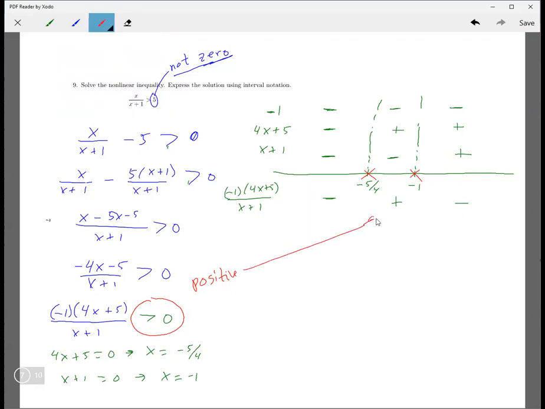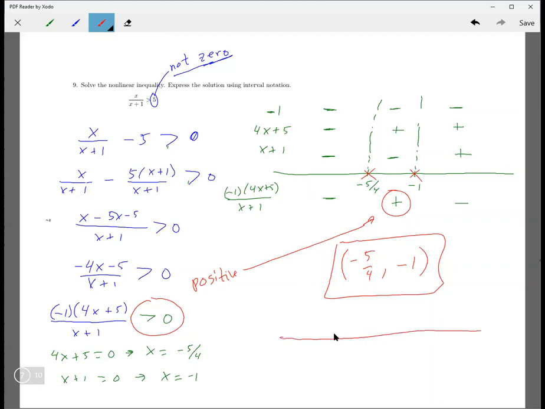So positive means it is this interval here, excluding the endpoints. So we're going from -5/4 to -1, like that. And you have to graph the solution set. Let's see, go to where there's a -2, and then there's a -1 right there, right?